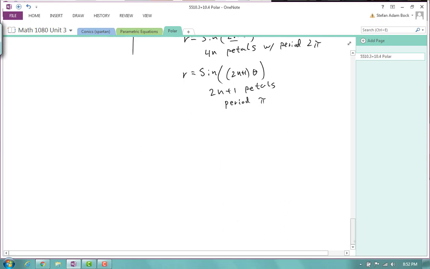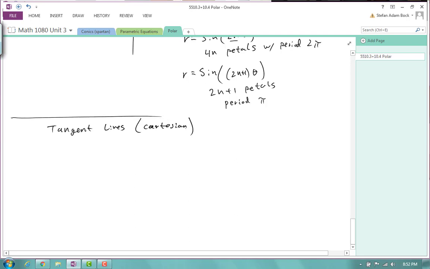So finding slopes at a point, when we're talking about slope, we are talking about Cartesian slope. So if I'm looking for the slope at a point on a curve, then I'm just going to use exactly the formula, I guess, that I did for parametrics.